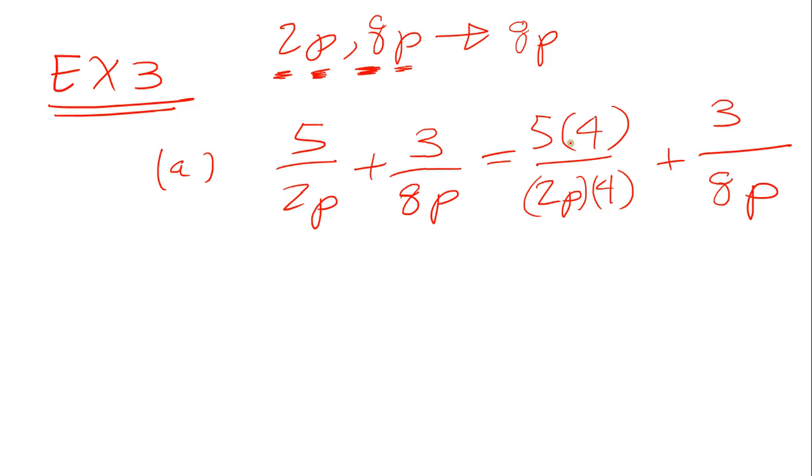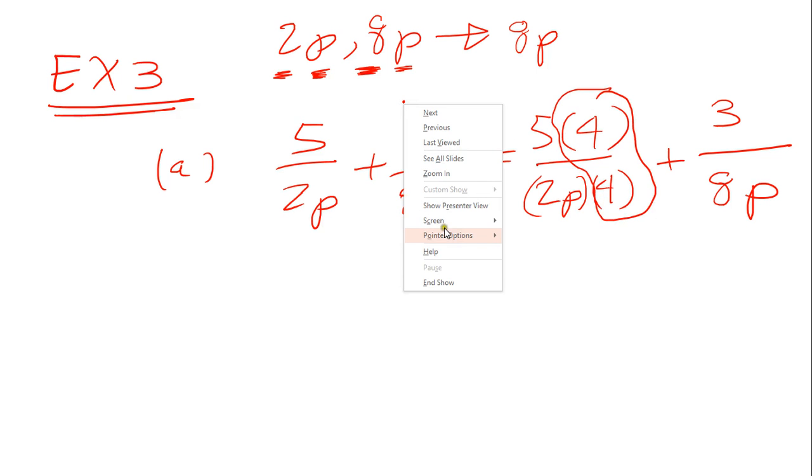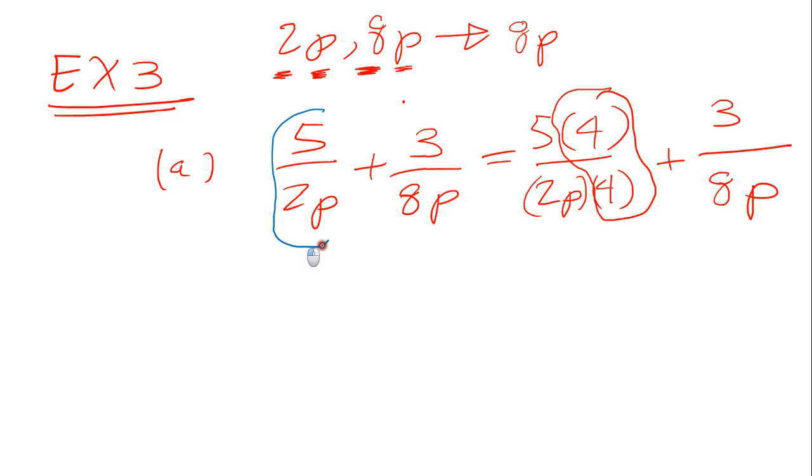Yeah, so the whole point of me writing it like this is to avoid making mistakes. The reason I did this is that 4 over 4 is 1, so I know that I'll end up with what I started with, because I don't want to change the value.